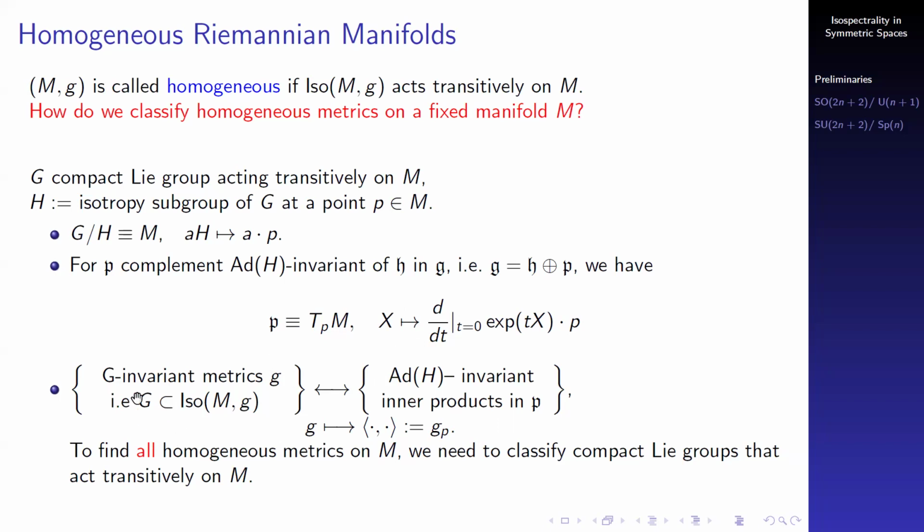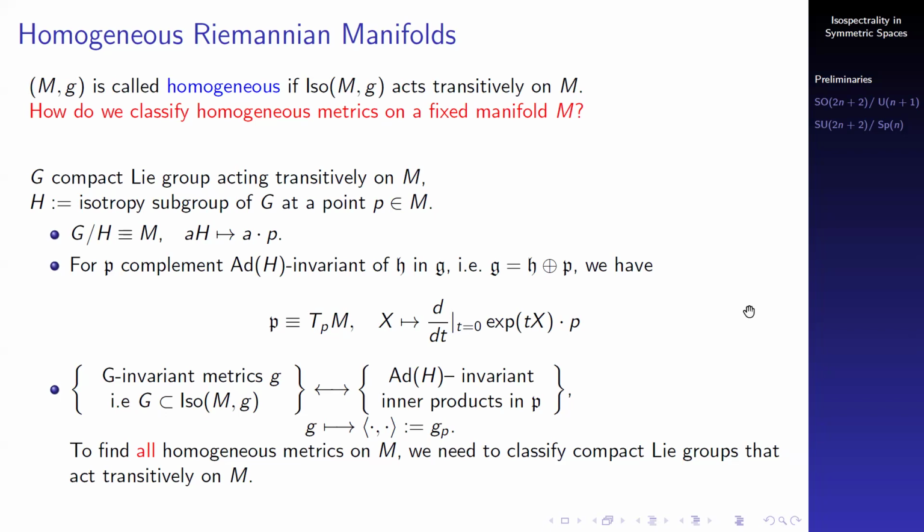Note that if G acts by isometries and G acts transitively, the isometry group also acts transitively, which means that this is homogeneous. So if we want to find all homogeneous metrics on M, we need to classify compact Lie groups that act transitively on M. And after that, we can study G-invariant metrics, and that gives homogeneous metrics.